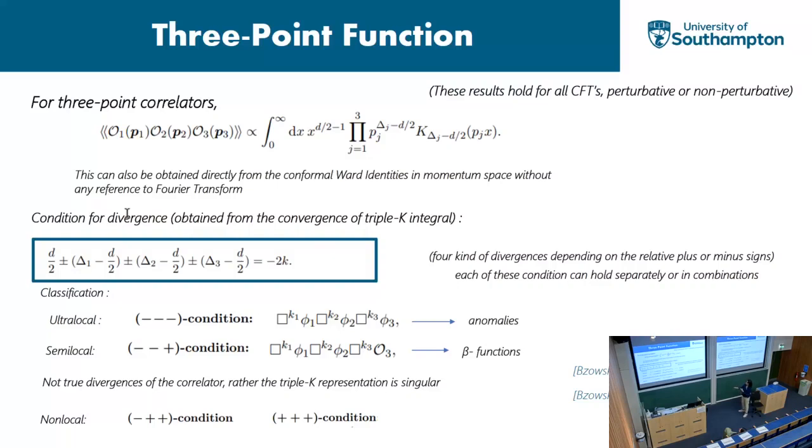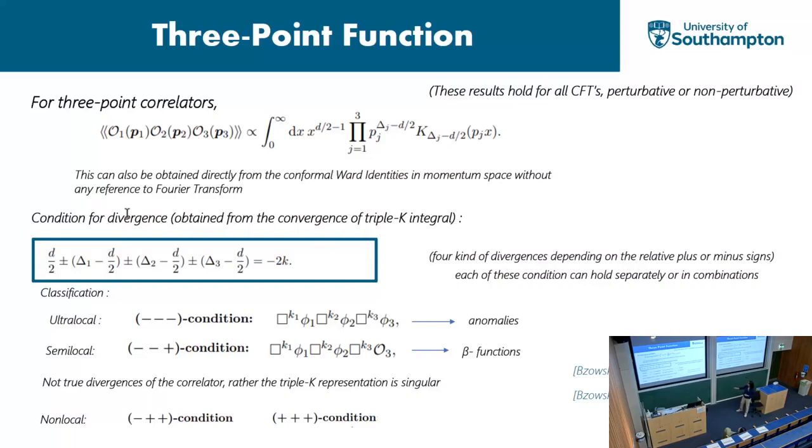Now a new feature that arises for the 3-point function is that when either one of the signs here becomes positive and this condition holds, we need to remove such a divergent term by adding a counterterm of this structure. Now this counterterm is essentially renormalizing the source that is coupled to this O3 operator, and that will give us a beta function corresponding to that O3 source.